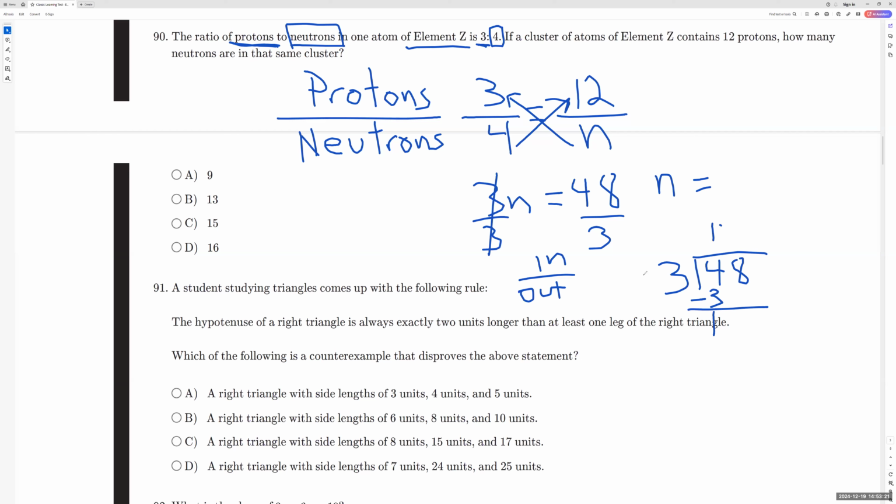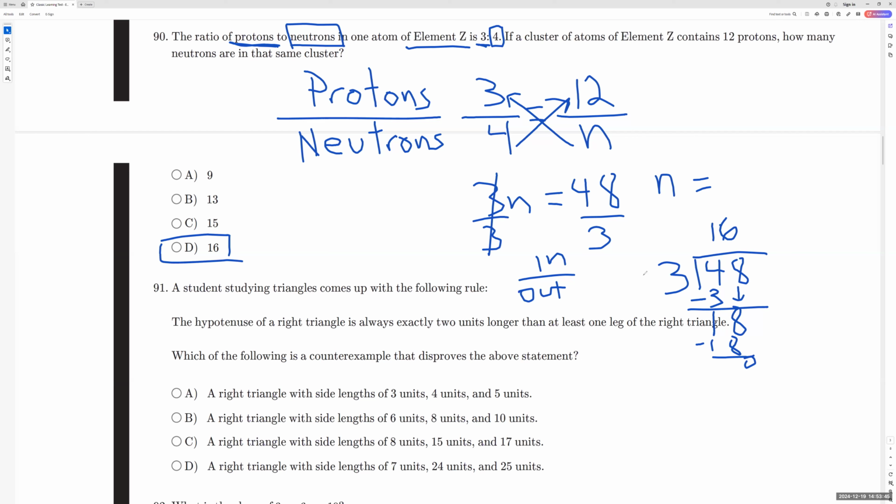Let's drop the 8. So now how many times does 3 go into 18? 6 times. 3 times 6 is 18, so that would give me 0 as a residue. So it is 16. So 16 is my answer, D.